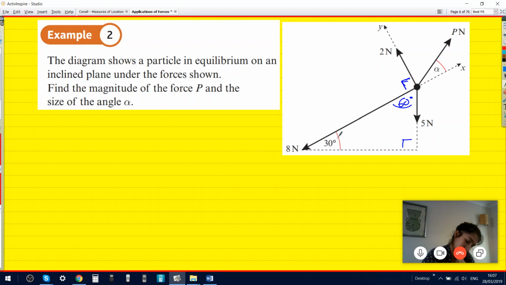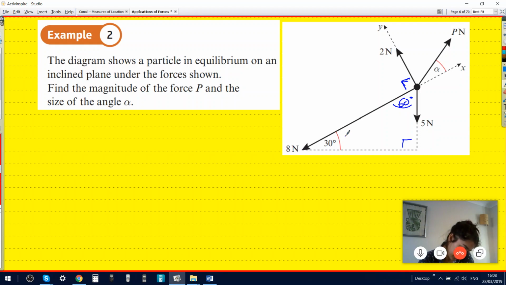And then I can't see any rules. I feel like I need to resolve. I'm just going to do the P part first. Shall we do perpendicular and parallel?